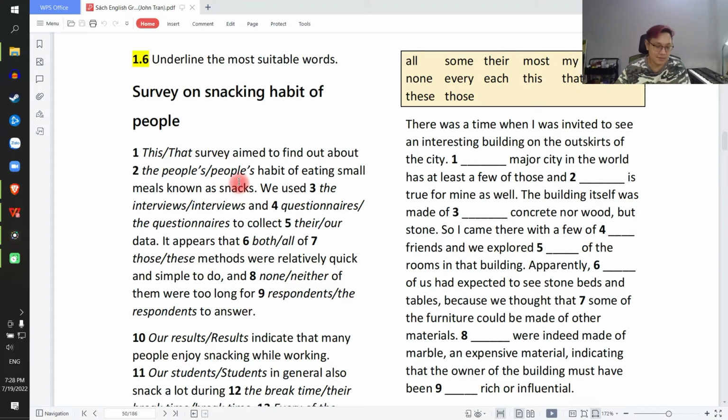It's people in general, so you use not the, so you use people's. Chỗ này là con người nói chung thôi, không có phải là con người nói riêng nào hết, cho nên phải là people's thôi. Number 3, we use interviews and questionnaires.